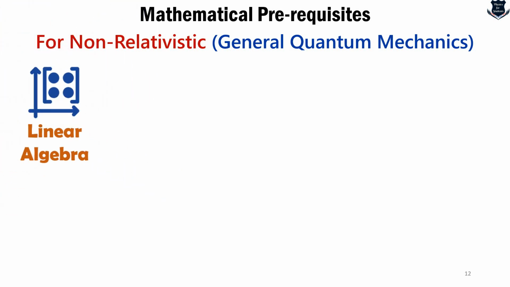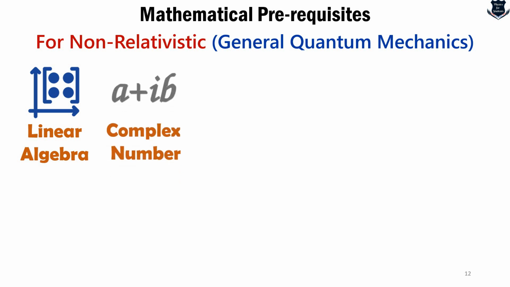The first part is linear algebra. This would include vector spaces, linear transformation, inner product spaces, eigenvalues and eigenvectors, unitary and Hermitian operators. I'm not going to explain this because you already know that. The second thing is complex numbers. Remember, I'm not talking of complex analysis. I will tell you why.